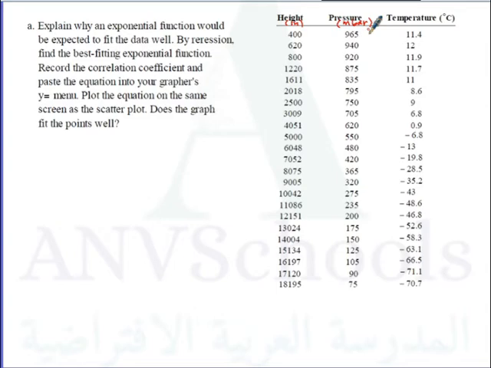Explain why an exponential function would be expected to fit the data well. By regression, find the best fitting exponential function, record the correlation coefficient, and paste the equation into your graph first, y equals menu. Plot the equation on the same screen as the scatter plot.